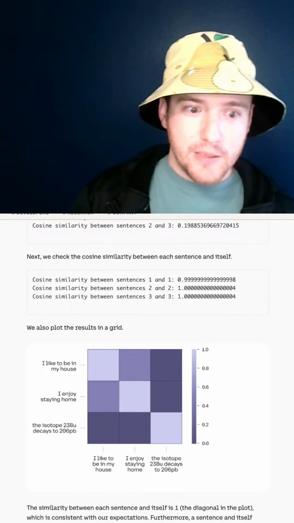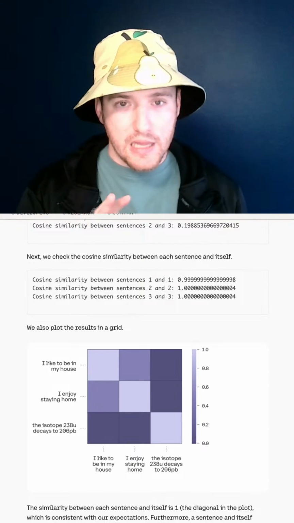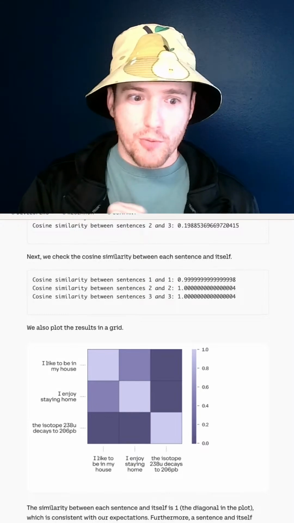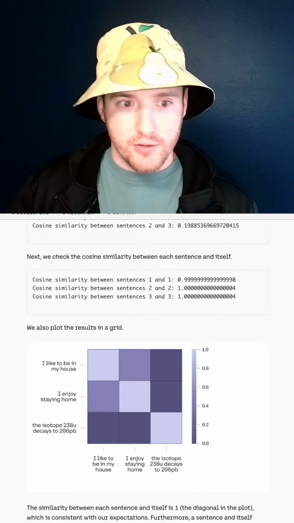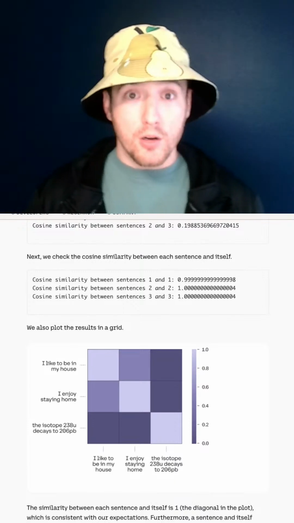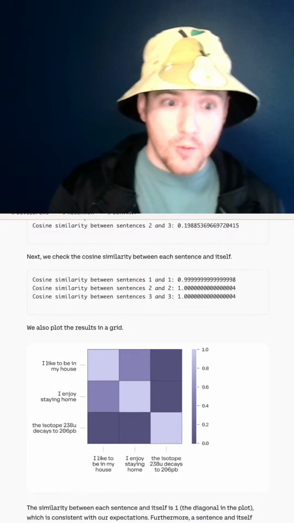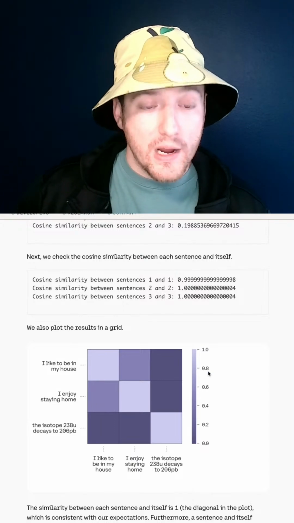And so "I like to be in my house," right? Very light, looks like a light blue there, is going to be 100% correlated to, you guessed it, the same sentence, "I like to be in my house," this top left corner here. But "I like to be in my house" is similar to "I enjoy staying home," and we can see that that color kind of situates in that 80% range.